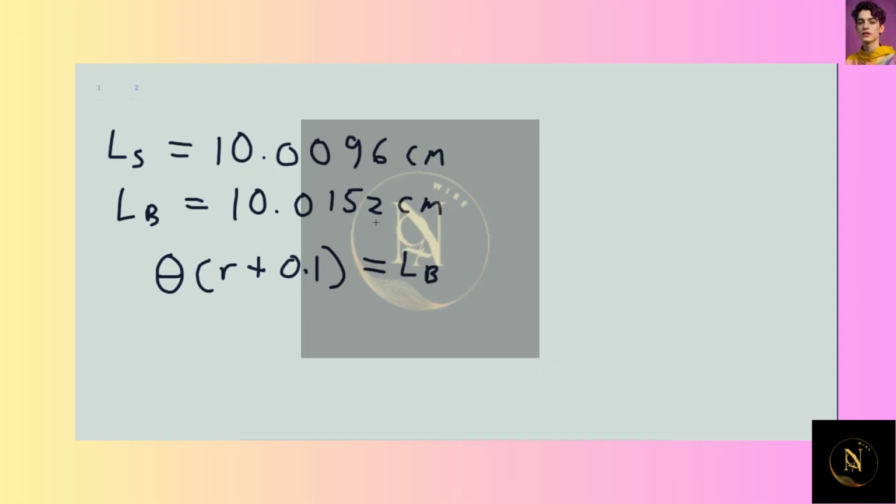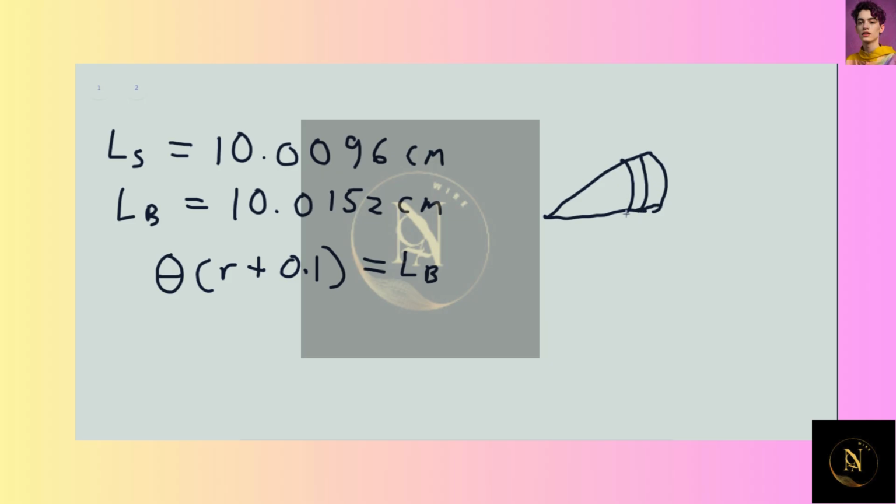The length of the brass is the bigger one. If we go to the center of our bimetallic strip, this is a much exaggerated drawing, but we basically have 3 radii here.